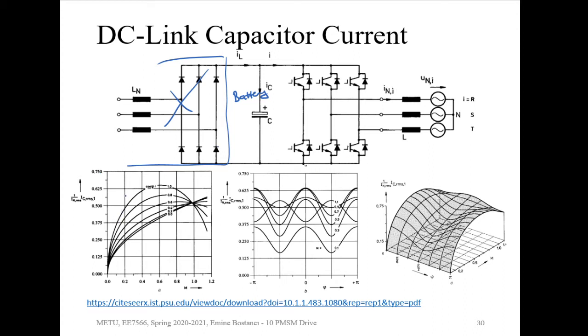And they try to understand the ratio of the RMS current going through the capacitor to the fundamental RMS current of one phase, as a function of the modulation index.